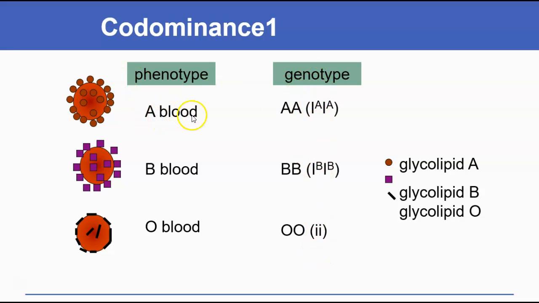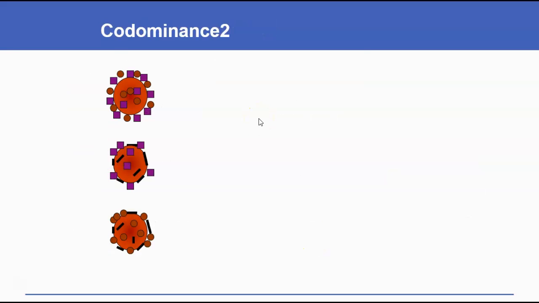In this case, if you have A blood, you could have both copies of A. If you had B blood, you could have both copies of B. O blood always means you have both copies of nothing, but we call this codominance because if you have AB genotype, you are going to have AB blood phenotype because both those sugars, A and B, are going to be expressed.